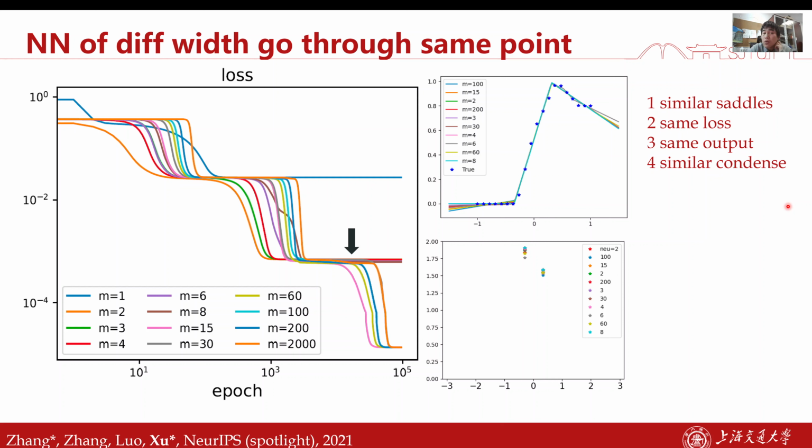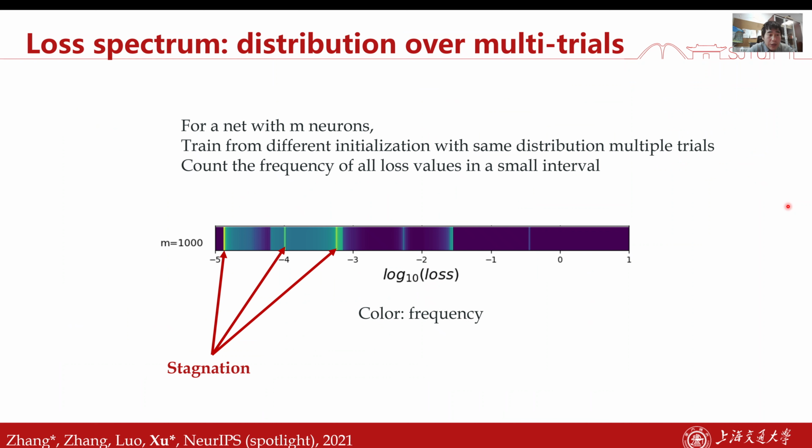But this is only a one-time experiment. So to see a more stable conclusion, we perform multiple experiments. And we can plot a loss spectrum. That is the distribution over multiple trials of training. So for a network with M neurons, we fix the initialization and we train it multiple times.